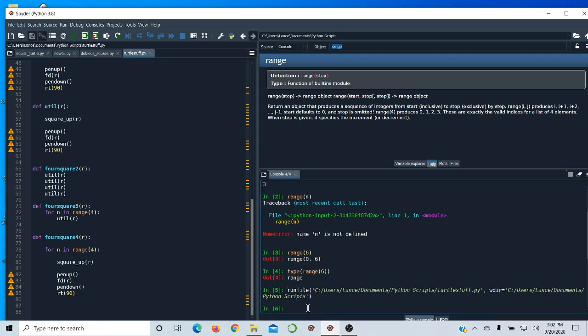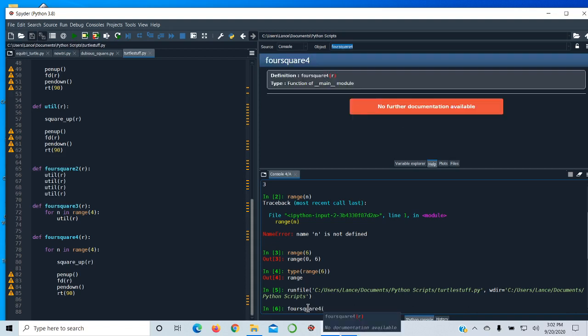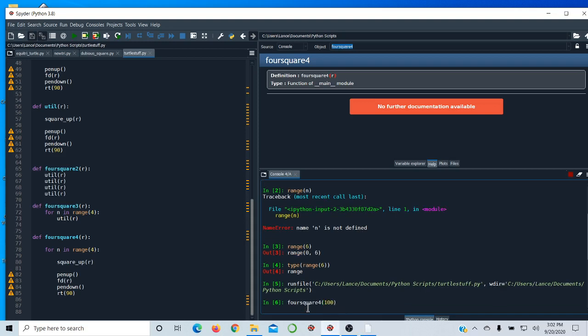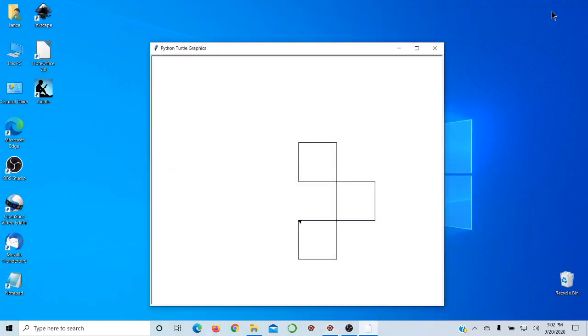So let's try 4 square 4, scale factor 100. And there it is. Okay, so that made sense.